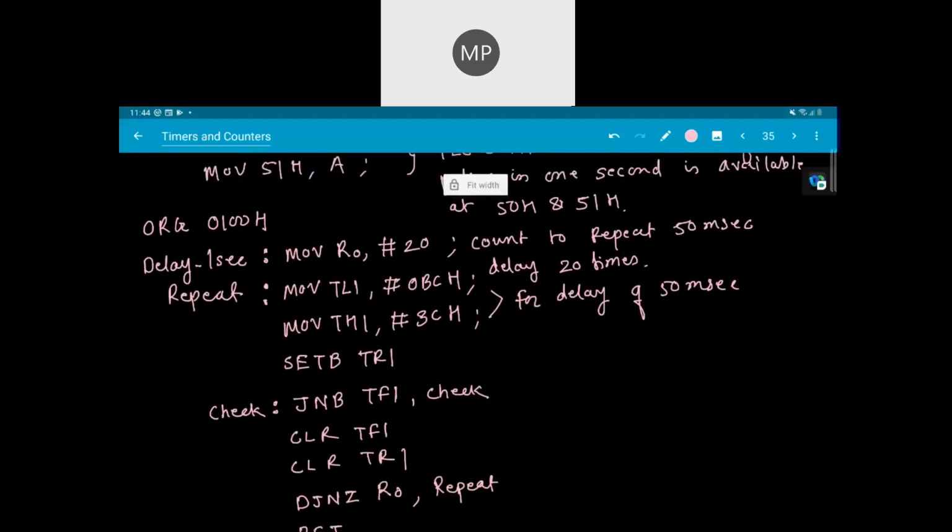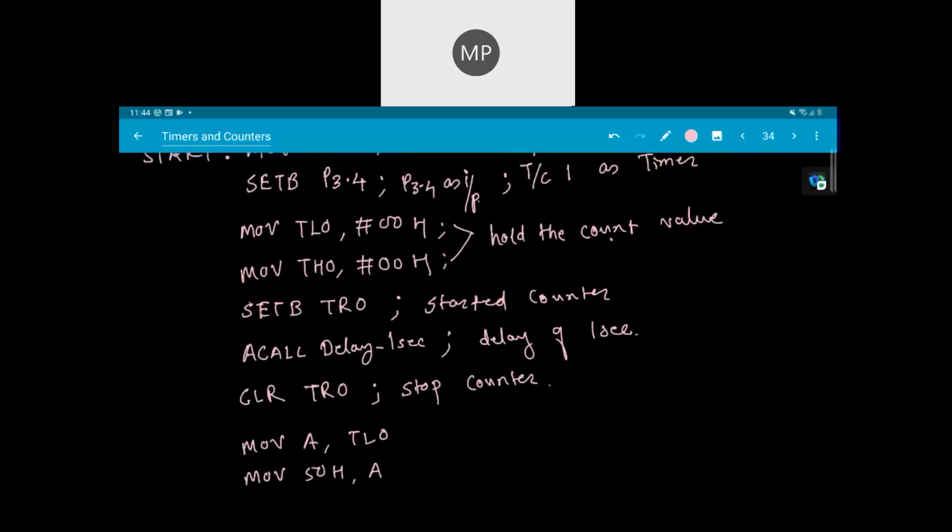Okay, so this loop is basically generating a delay of 1 second, and that 1 second delay we are using in our main program, right, at this point. And during this 1 second we'll be counting the number of pulses coming at pin 3.4. So basically whatever the number of pulses that came to 3.4, that number of increments has occurred in TL0 and TH0.